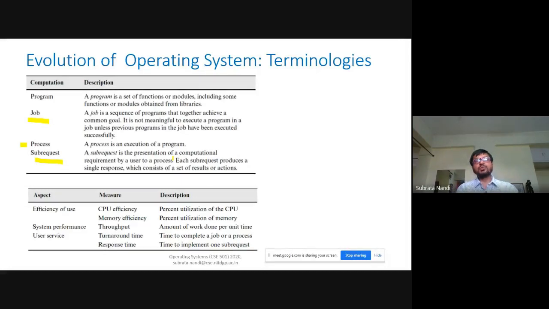So sometimes a program is composed of several sub requests, and in a typical interactive computing scenario, such things happen. We'll see that as the operating system and the hardware evolve with time, how the computational requirement of a system changes, and accordingly the design of the OS becomes more and more non-trivial.